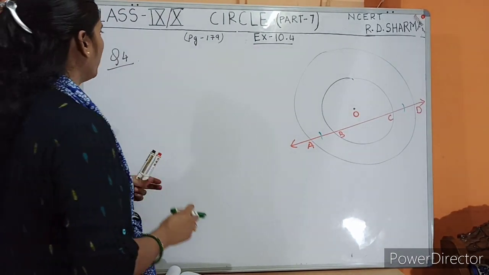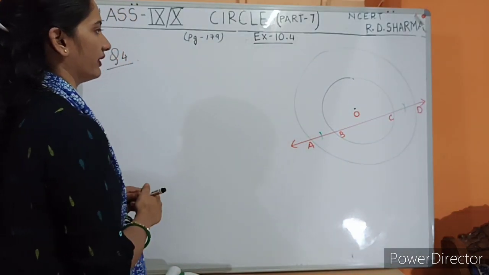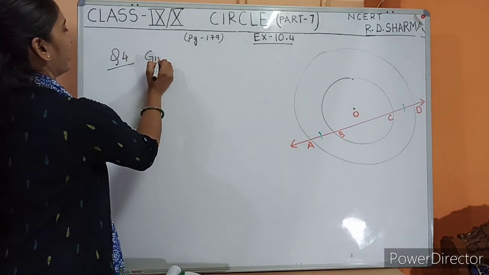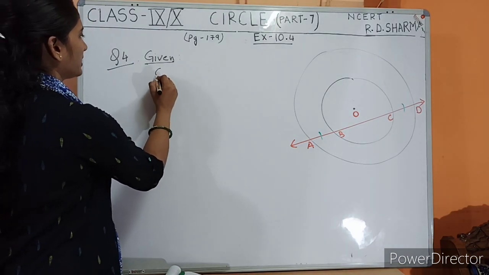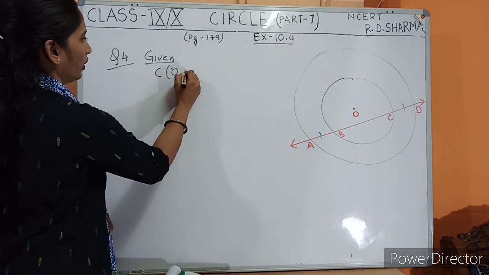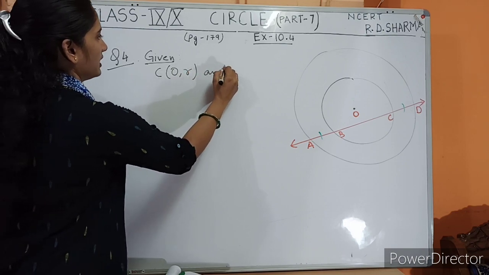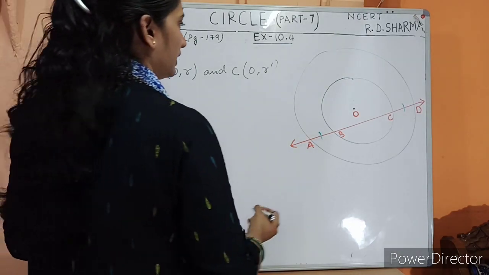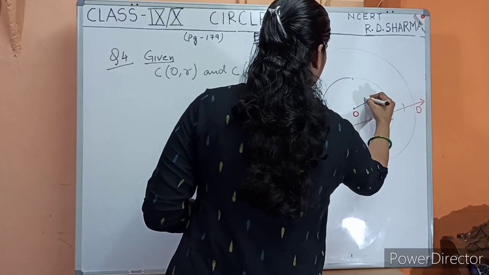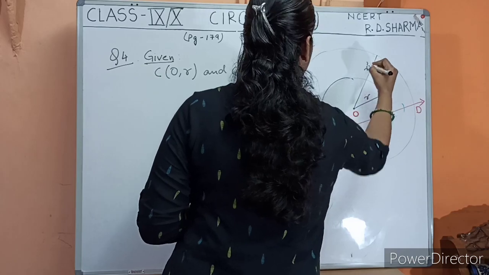So what we do here? Let us write down what the things are given. In given we will write, let us suppose C(O, R) and C(O, R'). What does it mean? The inner circle. ये जो inner circle इसका radius R है, outer circle का radius R' है.